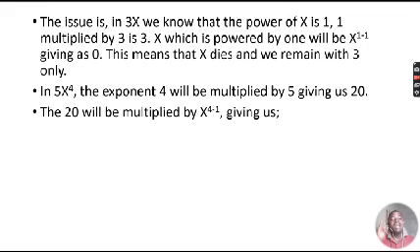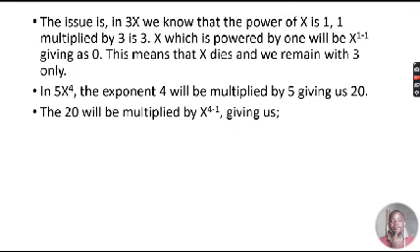Now, the 20 will be multiplied by x to the power 4 minus 1. Remember, x is to the power 4. But after we multiply the exponent 4 with the coefficient 5, then that exponent should drop by 1.